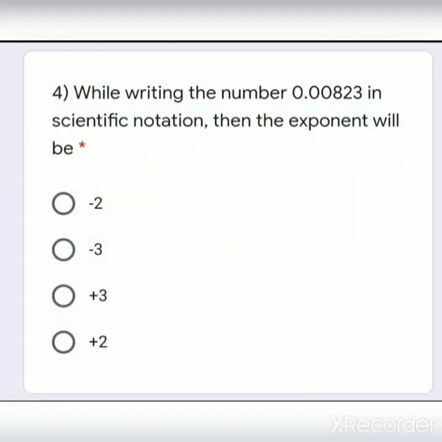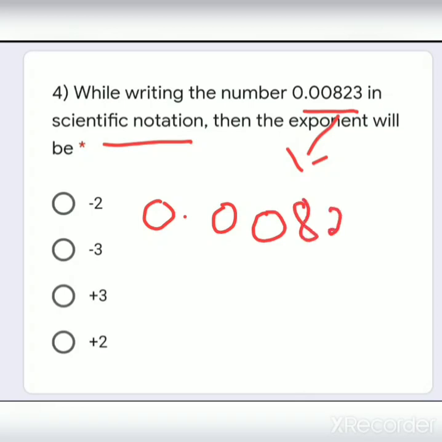Question number 4. While writing the number 0.00823 in scientific notation, the exponent will be what? So you need to find out the exponent. First of all, it is better to write this number in scientific notation form. So I am writing this number, 0.00823.